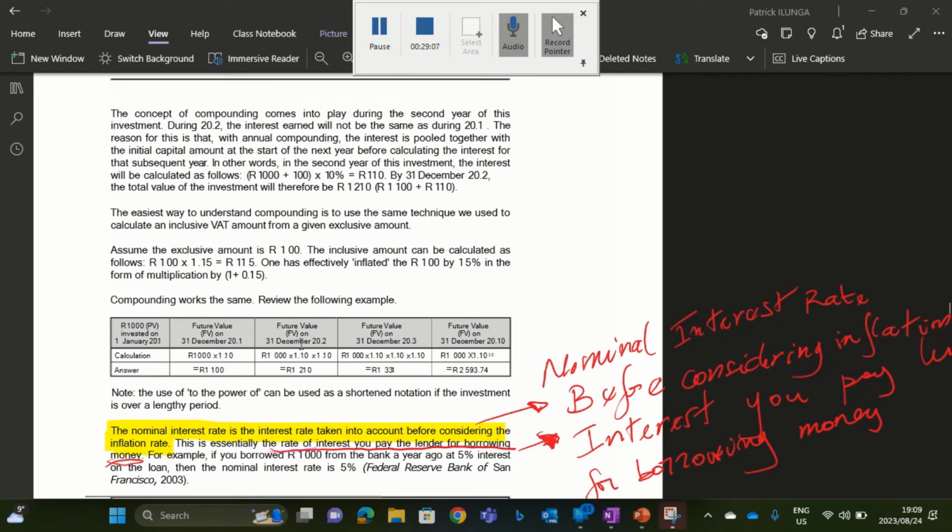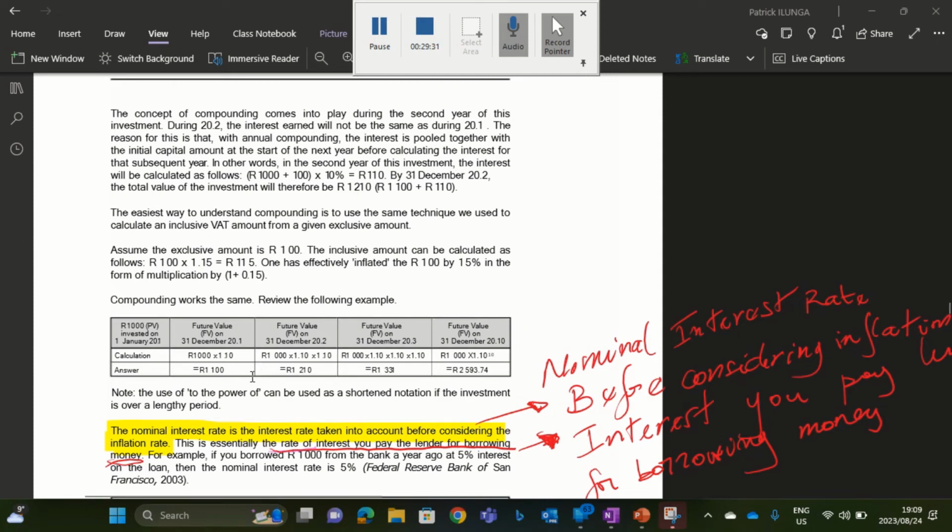So that's why if you multiply 1,000 by 1.1 it gives you 1,100. But in the second year, we're going to multiply the 1,000 by 1.1 by 1.1. In other words, we're not going to take only the interest of 10% on the 1,000 rand, which is 100.